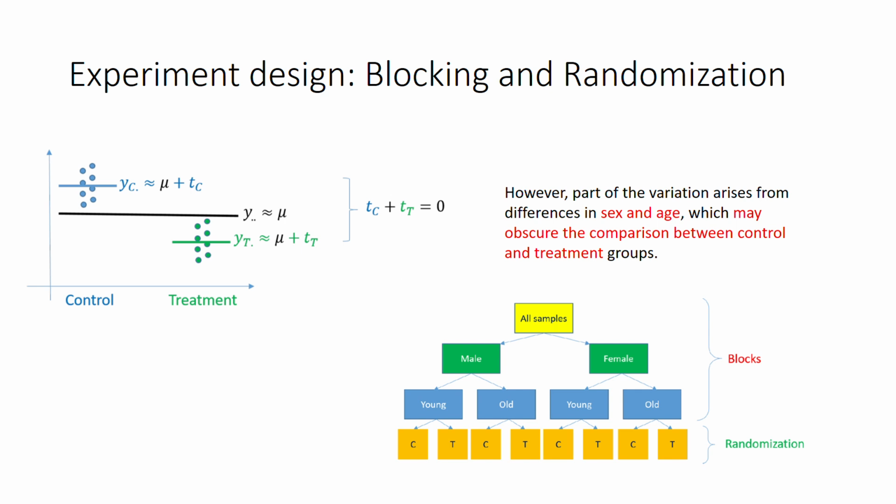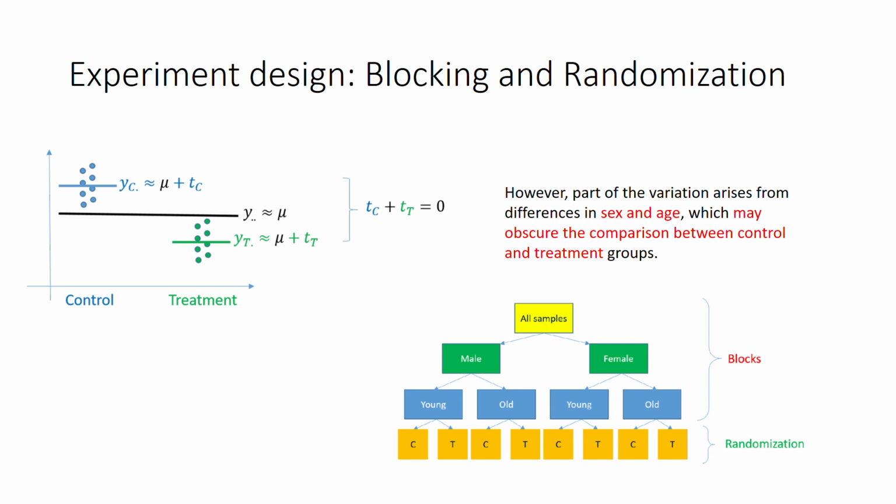So we have already introduced the concept of blocking. Actually these animals should be assigned to the control and treatment in a randomized way. But if you suspect that there is a variable that may affect what you are observing, for instance, let's say that sex and age may affect your observations, then this randomization has to be done at the level of homogeneous groups.